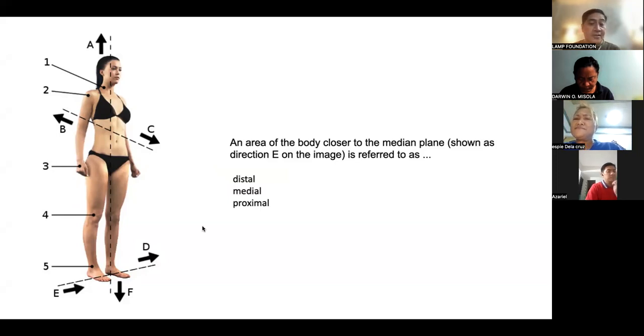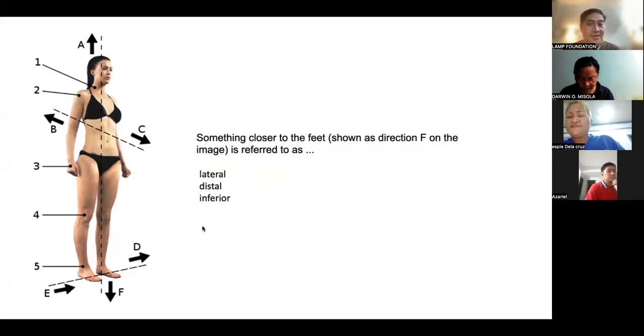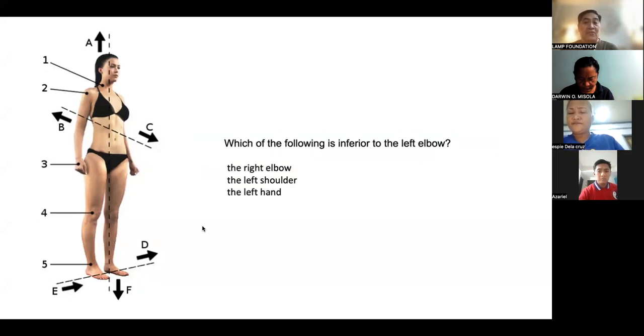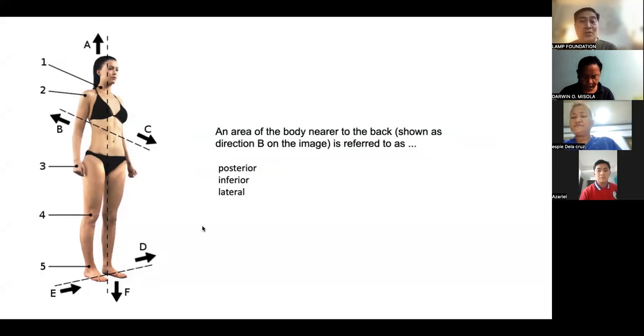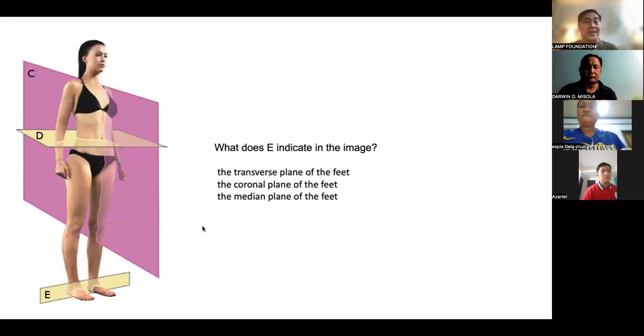An area of the body closer to the median plane, shown as direction E on the image, is referred to as medial. Something closer to the feet, shown as direction F on the image, is referred to as inferior. Which of the following is inferior to the left elbow? The left hand. An area of the body nearer to the back is referred to as posterior. What does E indicate in the image?